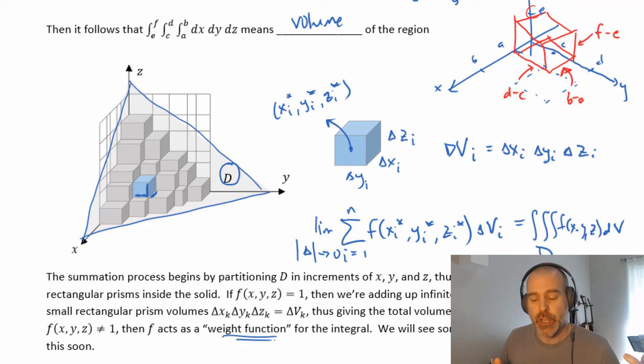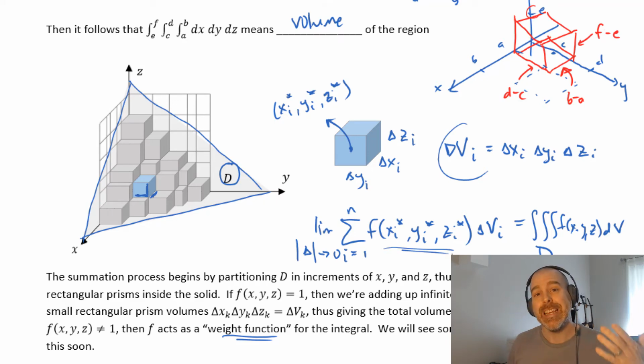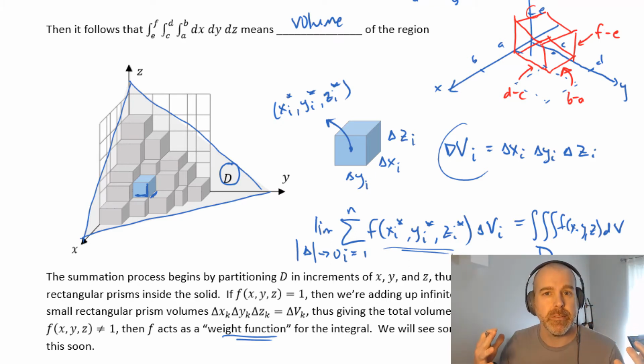So maybe you have a function of how dense this object is per cubic centimeter. You find the volume, delta V sub i, and you multiply that by the density per cubic centimeter, and what you get is a mass. Then the integral adds them all up, so what the integral would represent there is total mass.